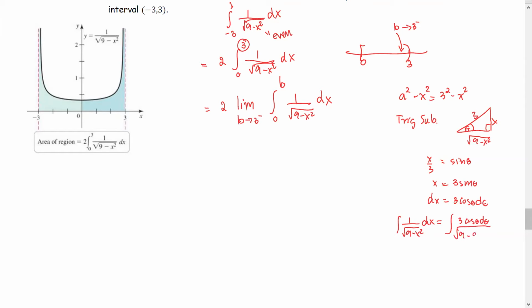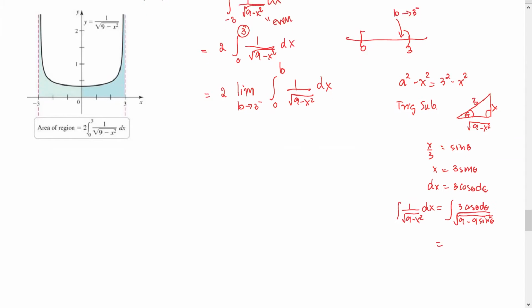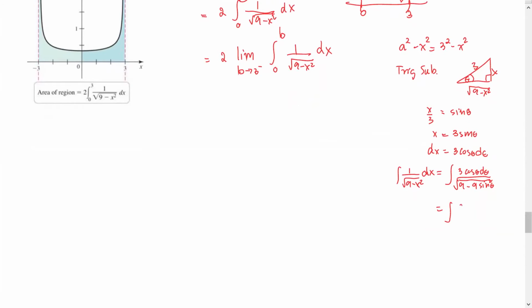The denominator is the square root of 9 minus x squared, which is 9 minus 9 sine squared theta. Simplify the denominator and write it with the common factor 9 times 1 minus sine squared theta under the square root, with respect to theta. Recall 1 minus sine squared is cosine squared theta.